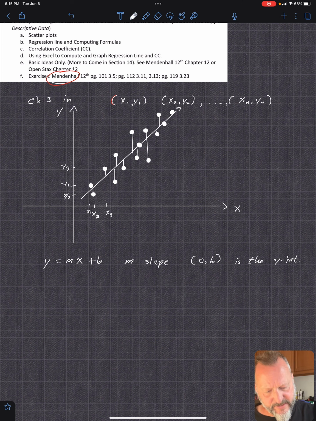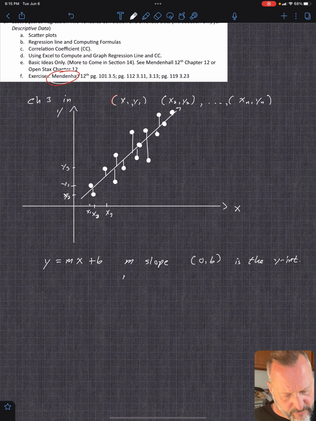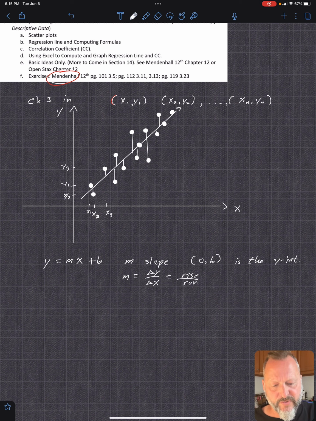Okay, let's see. So m is the slope. A couple details about that just to refresh your memory. That is the change in y over the change in x. Rise over run would be another way to describe the slope. So how accurate the slope is and what it looks like is going to mean something for our future work.